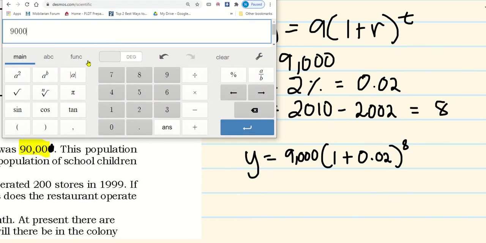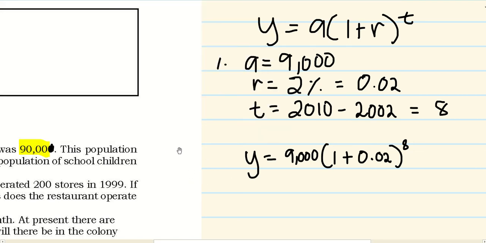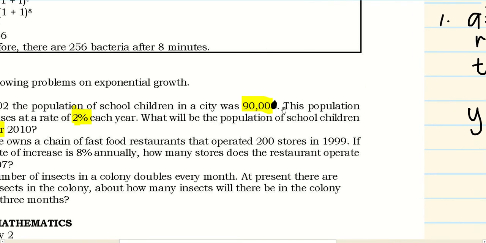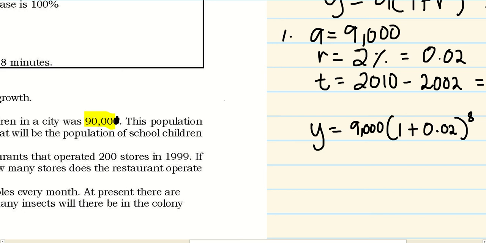So we have here 9,000 times 1 plus 0.02 to the power of 8. You have the answer already, which is 10,544.93. The other part is rejected because when we're talking about money, you just need two decimal places. But here we're talking about population, and population is not a decimal number.